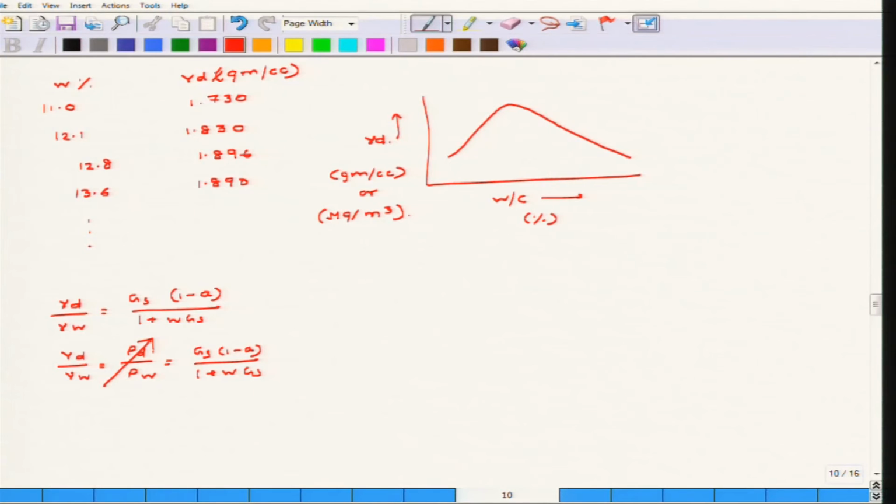You can write it in the format of rho d by rho w, which is equivalent to Gs into (1 minus A) divided by (1 plus w into Gs). Now for the zero air void line, A is equivalent to 0.